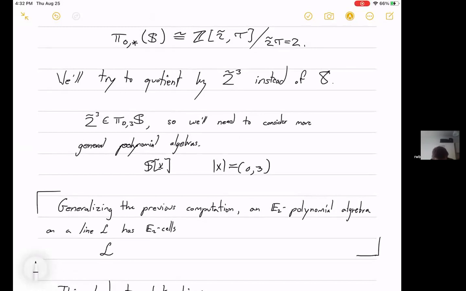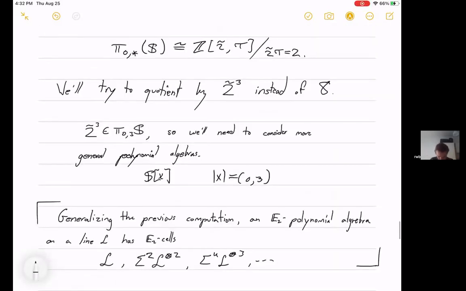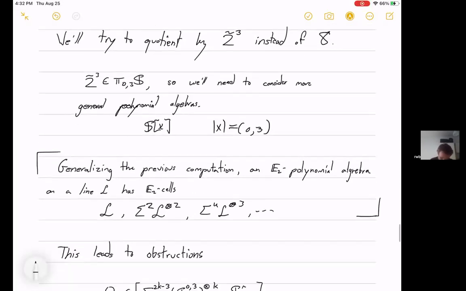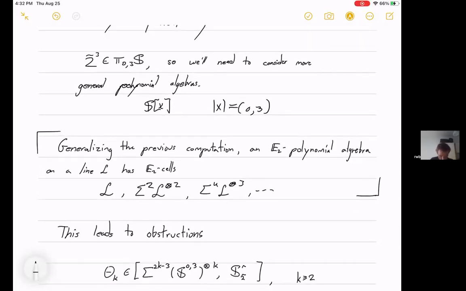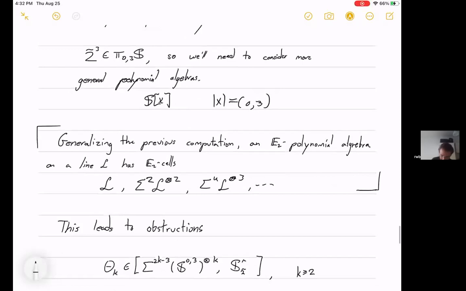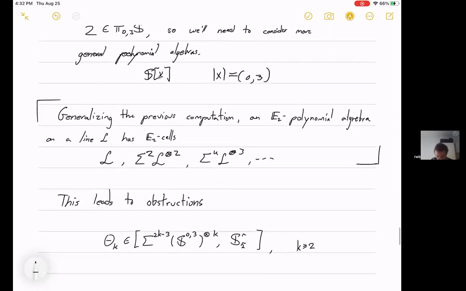The first one is L, the generator of the polynomial algebra, and the next cell is a suspension 2 of the tensor square of L. The third one is suspension 4 of the tensor cube of L, and so on. That is the quick computation we need to figure out what bi-degrees our obstructions are in.